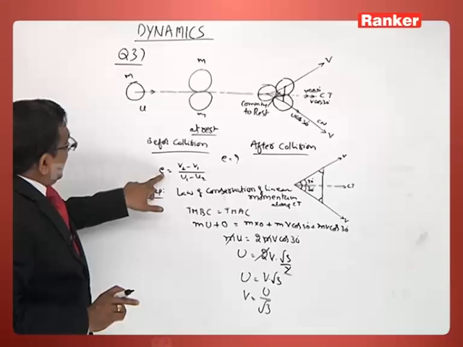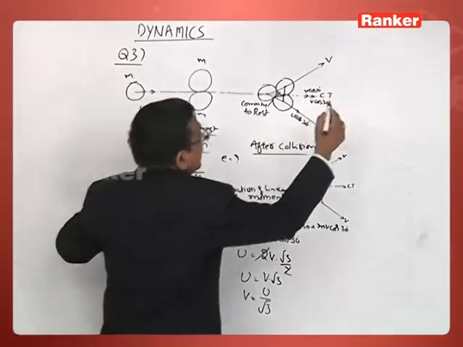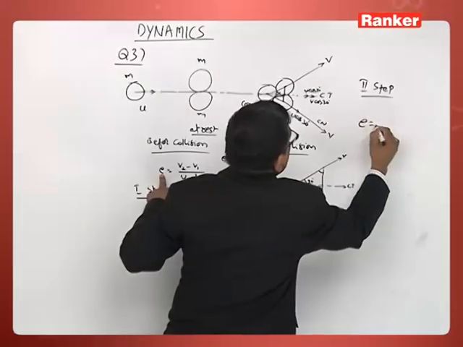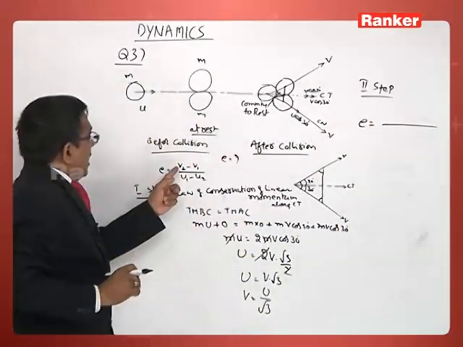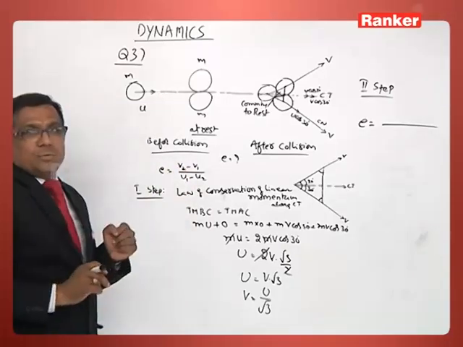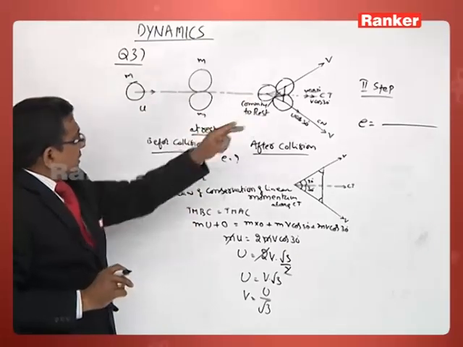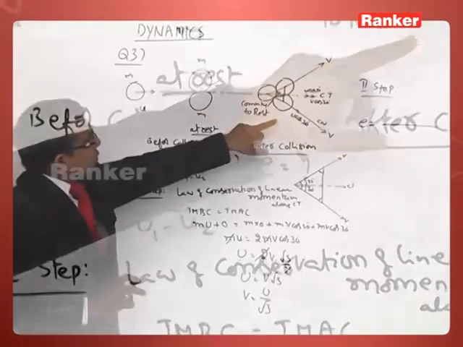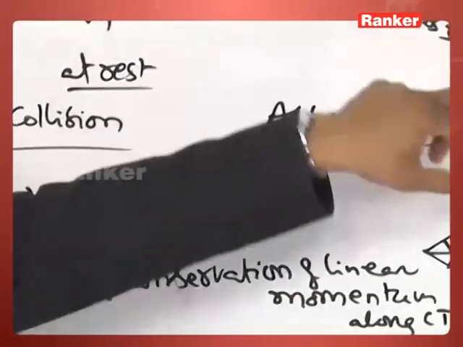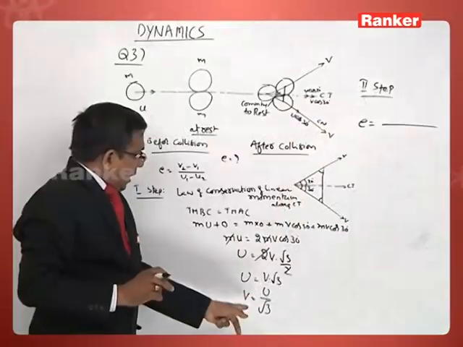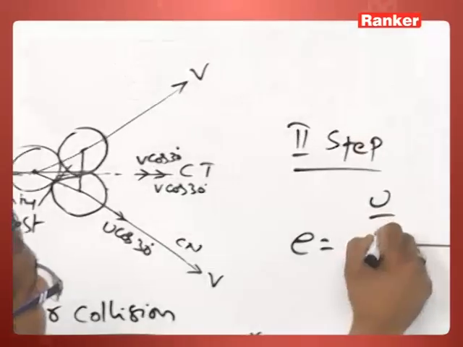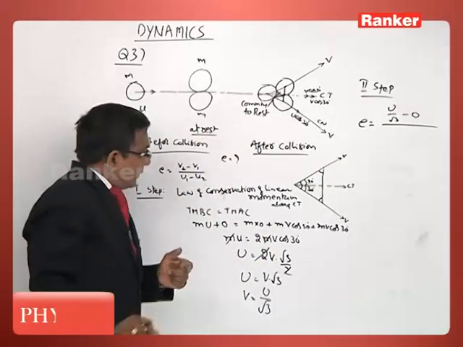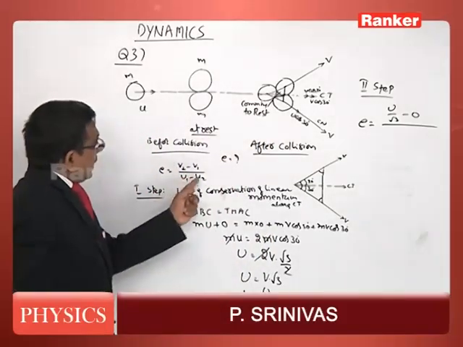Now to find E, we go to the second step. E is equal to V2 minus V1 by U1 minus U2. V2 and V1 are velocities after collision, U1 and U2 are velocities before collision. The velocity V2 along the common normal direction is u by root 3, minus 0, since the other body comes to rest, divided by U1 minus U2.